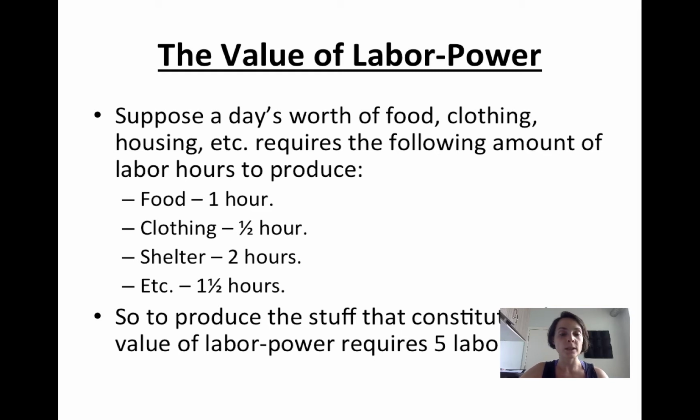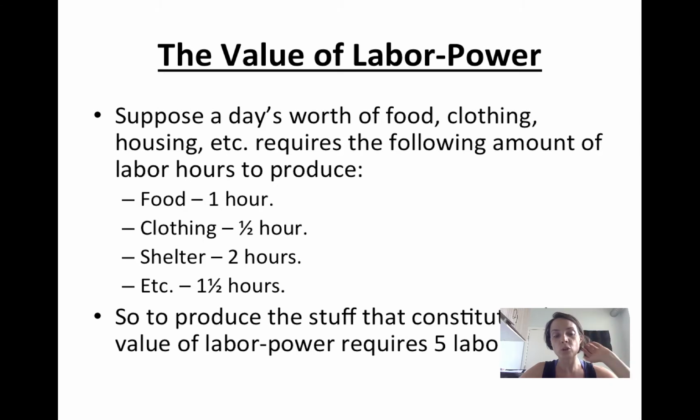We need 1 hour of labor time in order to produce enough food for the daily subsistence of the worker. Half an hour of labor time in order to produce 1 day's worth of clothing for the subsistence of the worker, 2 hours of labor time for shelter, and 1.5 hours for other things.